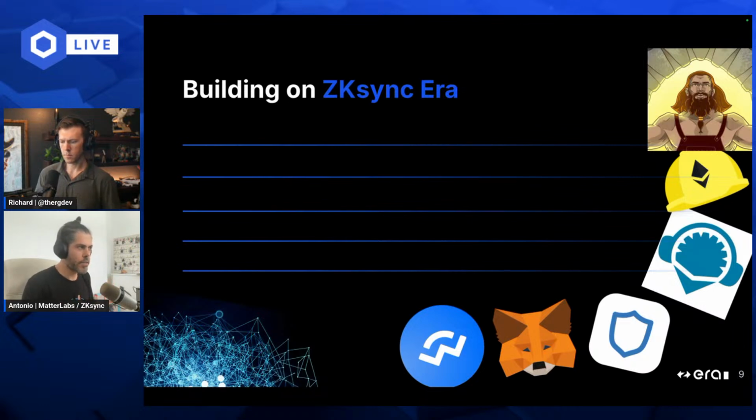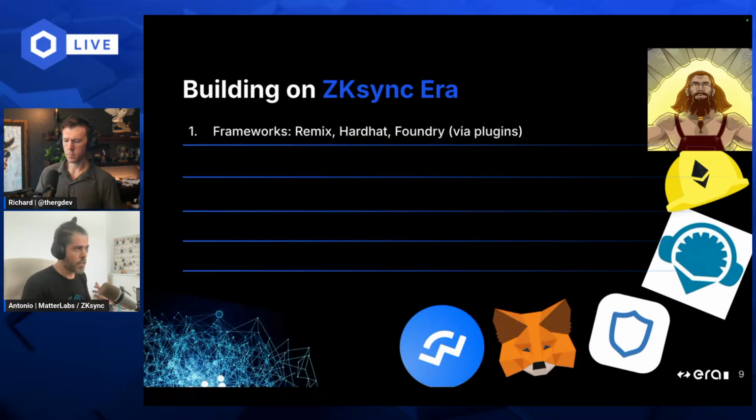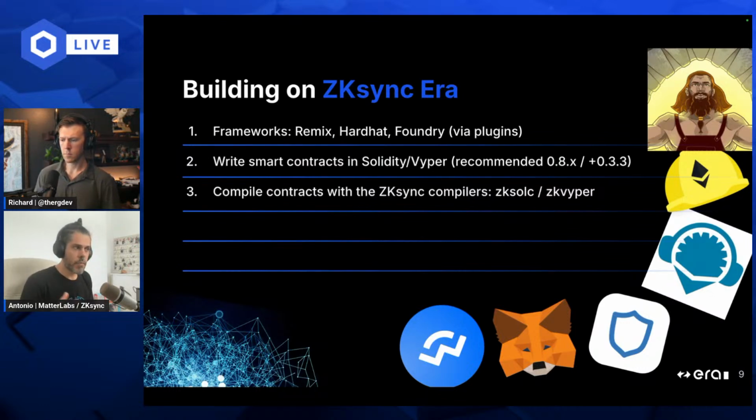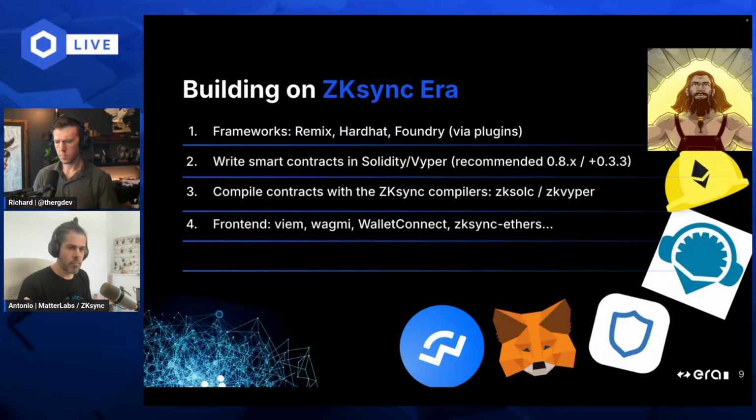Super quick, how does it look to build applications on ZKsync? As I mentioned before, you can use Remix, Hardhat, Foundry. We have plugins to use our compilers, so they are very easy to install. But you can use the same tools. You compile your contracts with our compilers. Once your contracts are compiled, if you want to build a front end, you can use viem, you can use wagmi, you can use ethers.